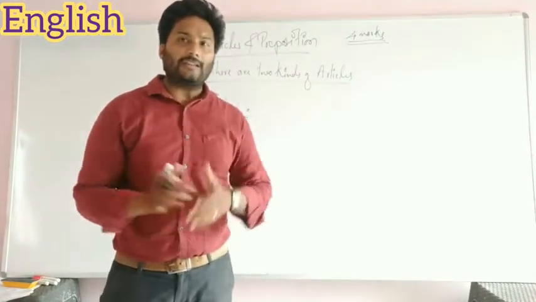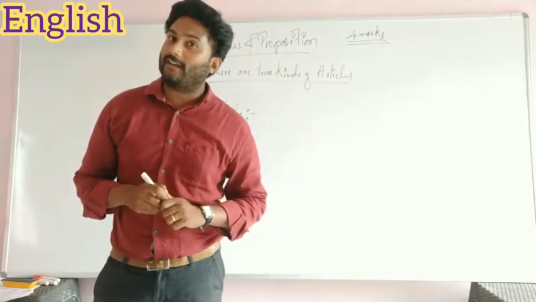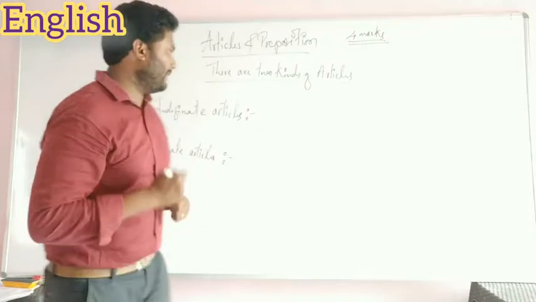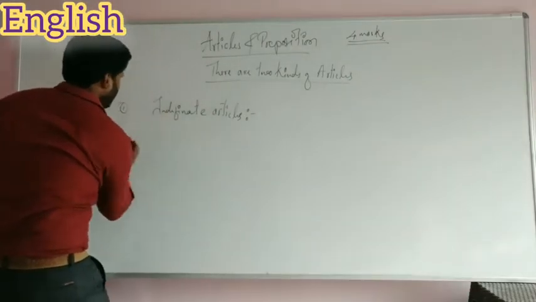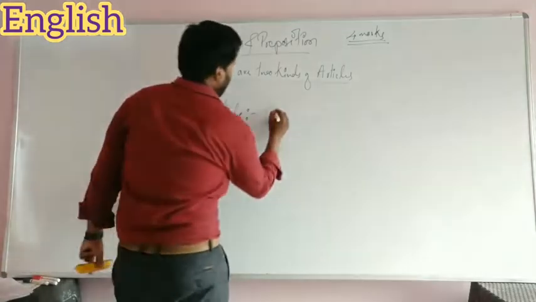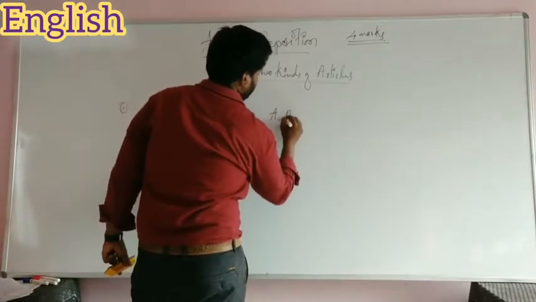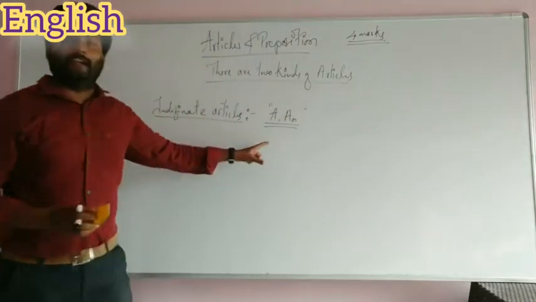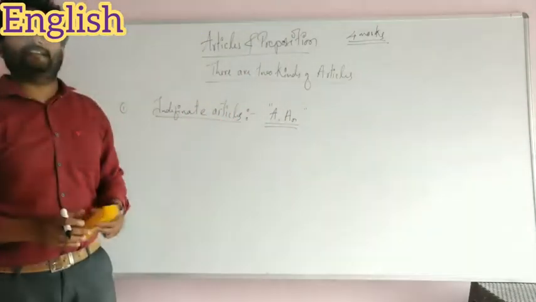Why it is called indefinite, and why it is called definite articles, we'll see in the definition. By the definition we'll come to know. See the definition of indefinite article. A and an, these two articles are known as indefinite articles. Why are they called indefinite articles?